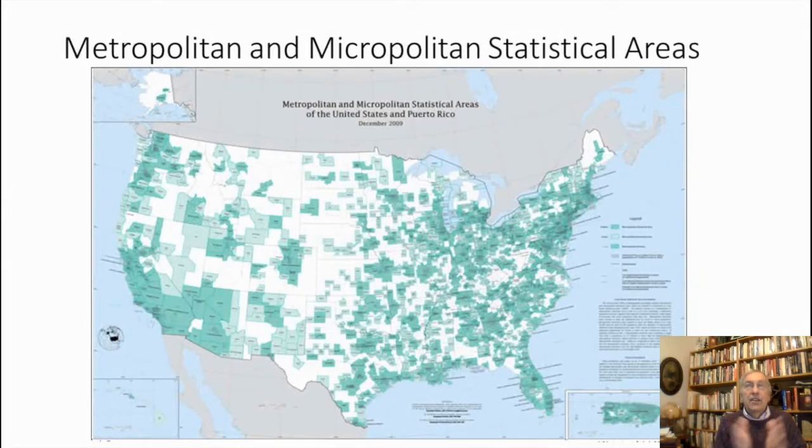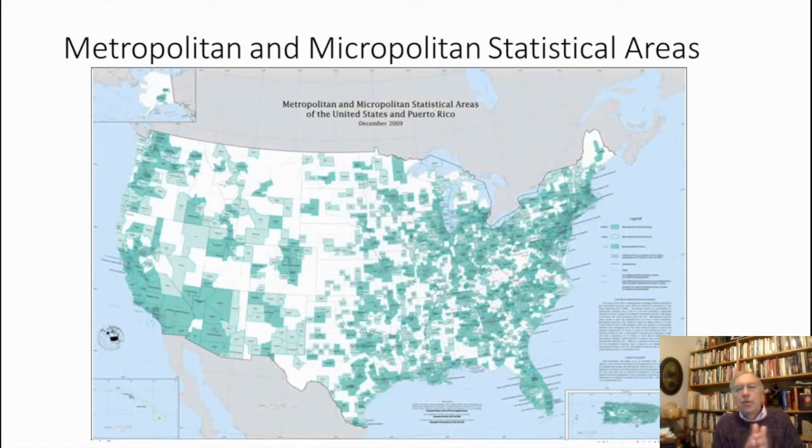And since there are about 600 of these micropolitan areas, to be a metro, you have to have a core city of 50,000 people. So that would be like a Dayton or an Akron or a Canton. Whereas to be a micropolitan area, you have to have just 10,000 people. And once you add in the micropolitan areas, it looks like almost the entire eastern half of the United States, except for some areas like the Appalachians and far northern Maine, is covered with some type of urban area.